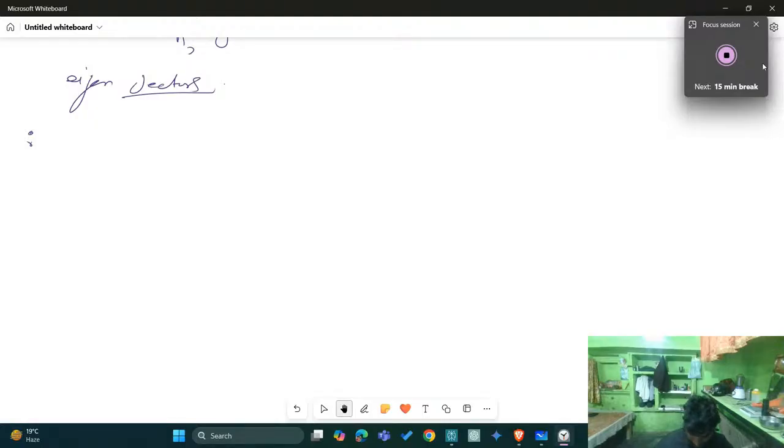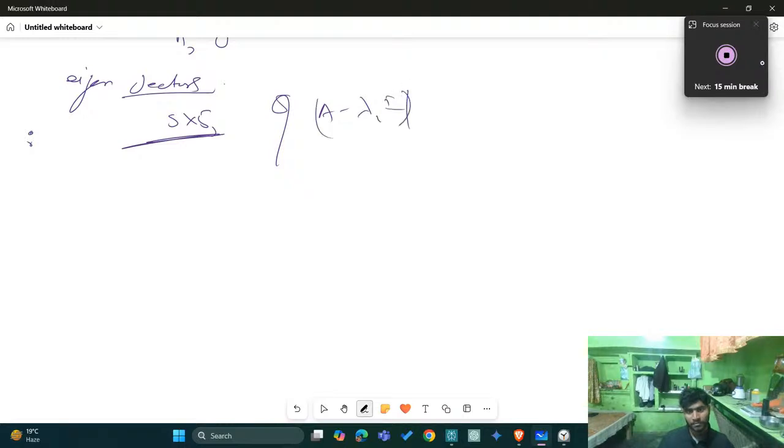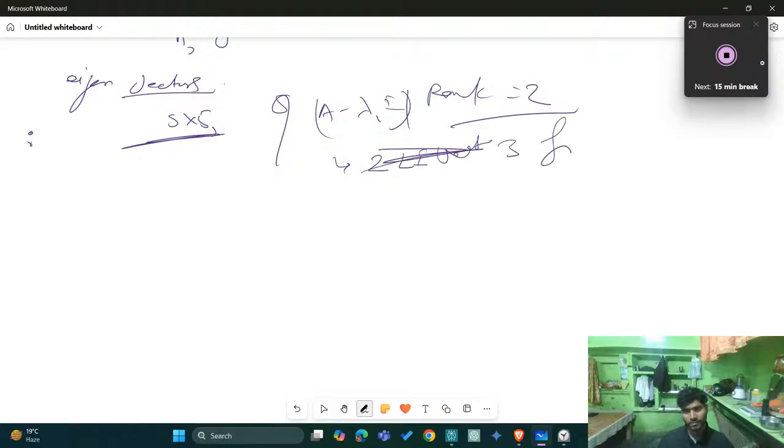We have three free variables, which means three linearly independent solutions, or eigenvectors.